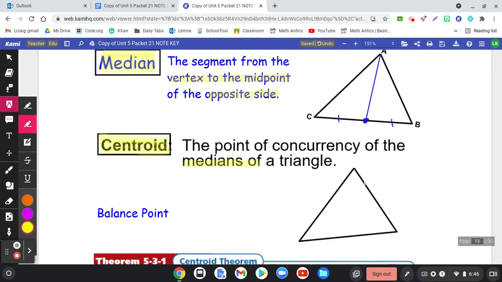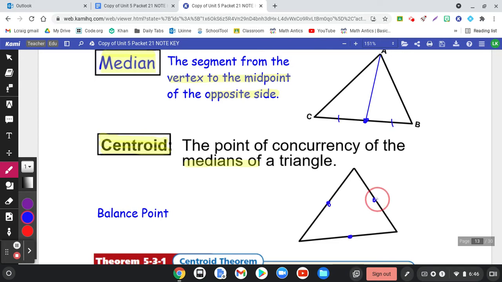If you were trying to, say, balance this flat triangle on a pencil, the point that you would find works is your centroid. Makes sense, center, centroid. So let's take a look at what this would look like. So let's say, again, this is about the midpoint. I'd say that's about the midpoint of that one.